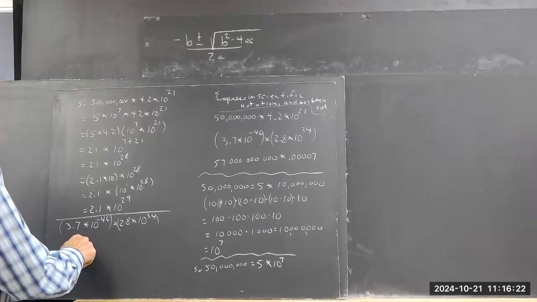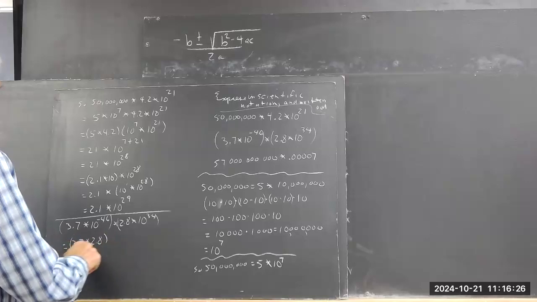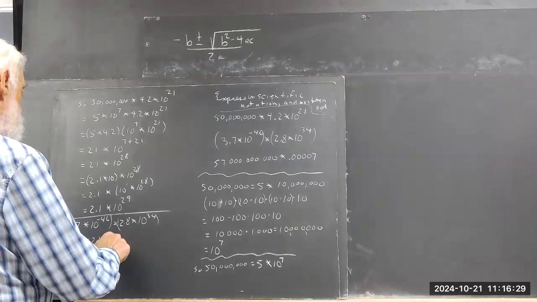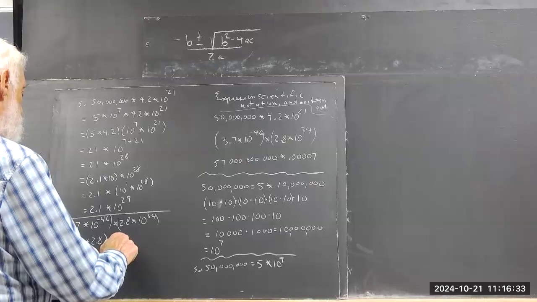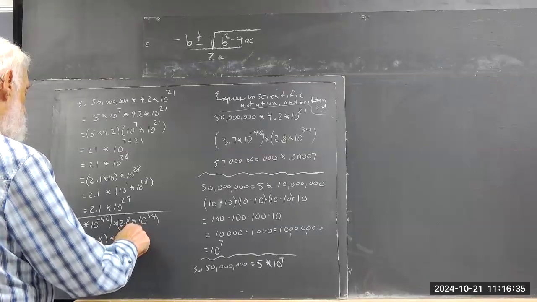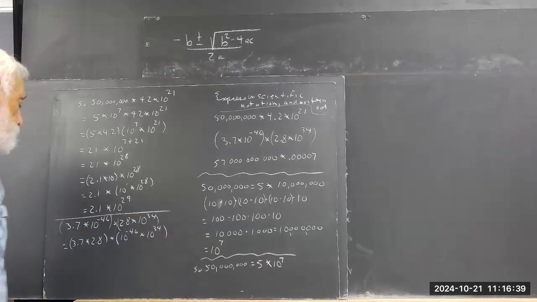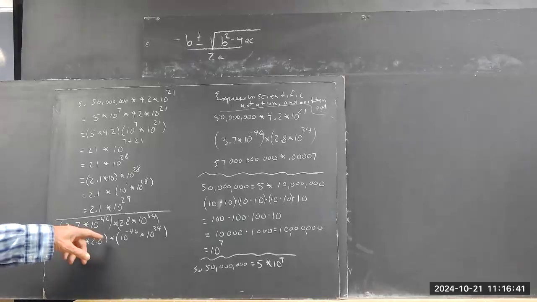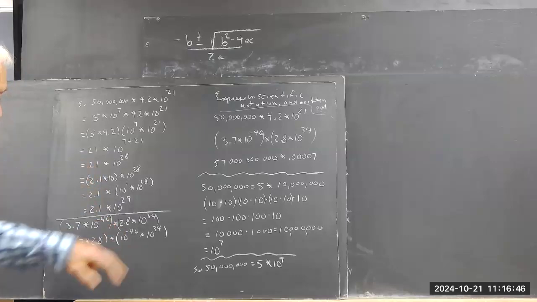Well, take these two numbers, multiply them together, take these two numbers and multiply them together.